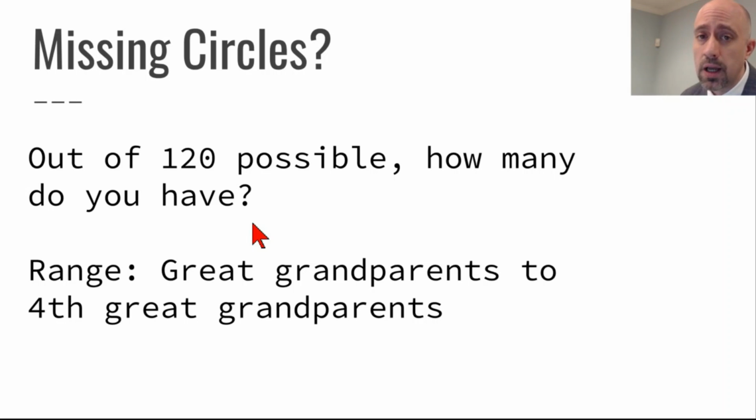So if you've tested your parents or grandparents, you have a bigger range, but if you've only tested yourself and your own generation, you have the range that goes from your great-grandparents to your fourth great-grandparents, and that gives you a total of 120 possible DNA circles, if I know anything about arithmetic.